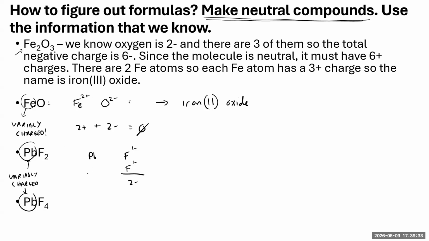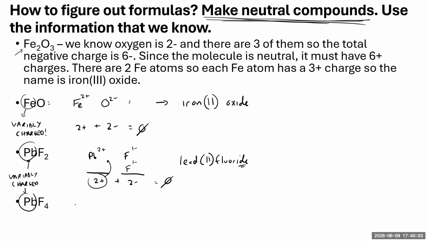Pb, we only have one of them. But we need a neutral compound. So here we have to have a 2 plus charge to make a neutral compound. And then since we only have one atom, all of those charges have to go to lead. So this is going to be lead 2 fluoride.